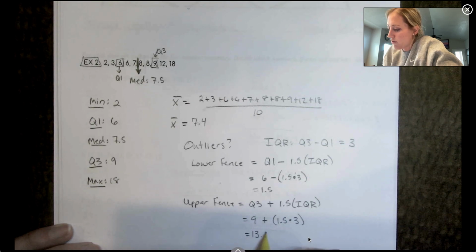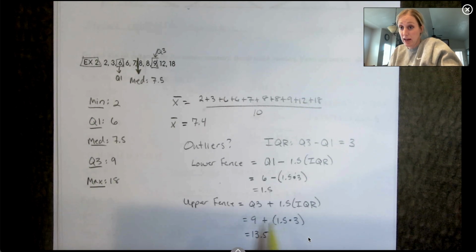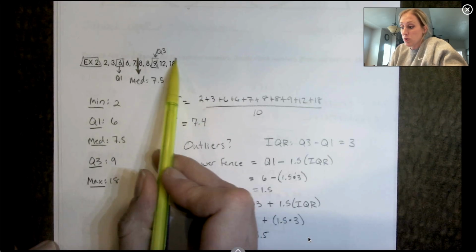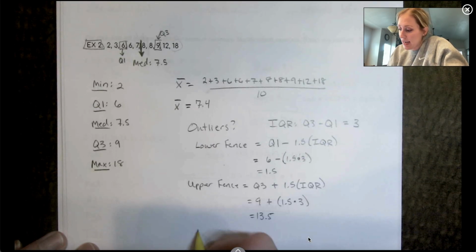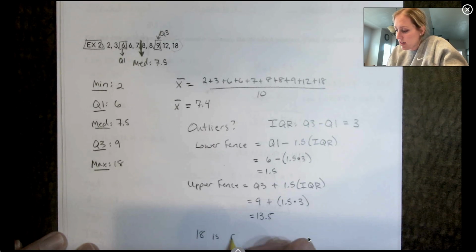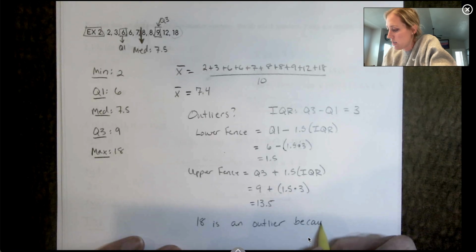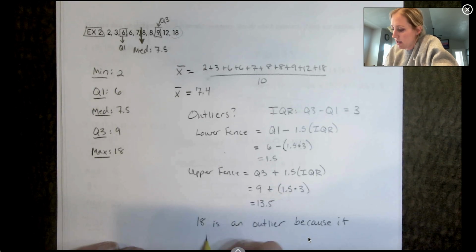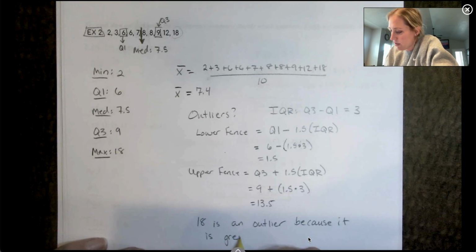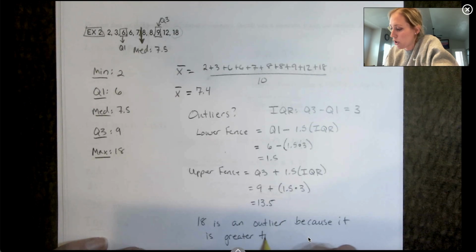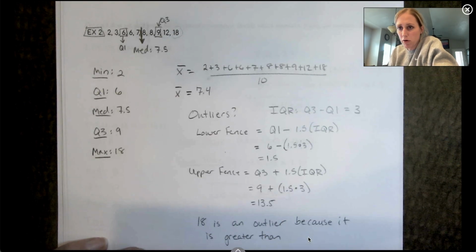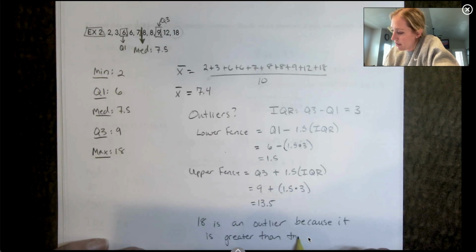So now I'm looking for, do I have any numbers bigger than 13.5? I do, 18. So 18 is an outlier because it is greater than the upper fence. So lower than the lower fence or greater than the upper fence are outliers.